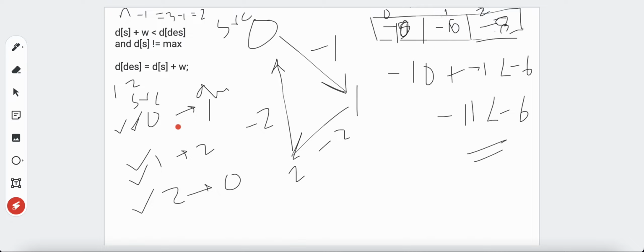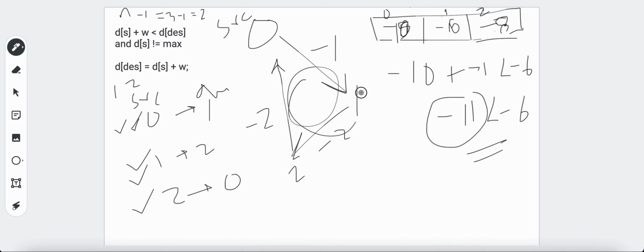But after doing one more relaxation step, we get minus 11 as a new distance, which is less than minus 6. So that means there is a negative cycle happening here, which keeps on changing our distance. So this means there is a negative weight cycle. That's all we need to do.